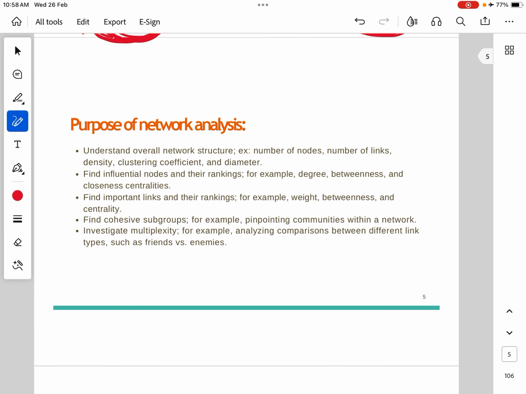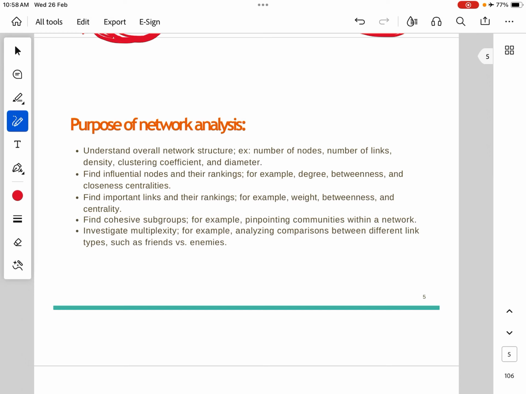What is the purpose of network analysis? Understand the overall network structure, for example number of nodes, number of links, density, clustering coefficient and diameter. Find influential nodes and their rankings, for example degree, betweenness, closeness, centralities. Find important links and their rankings, for example weight, betweenness and centrality.